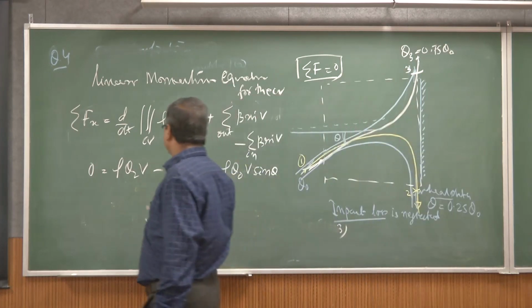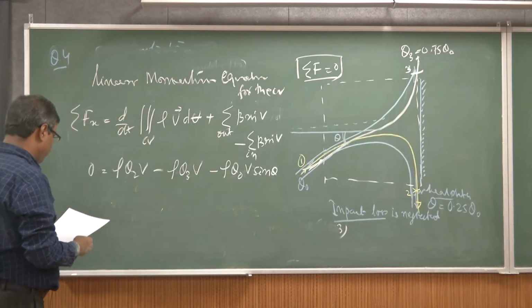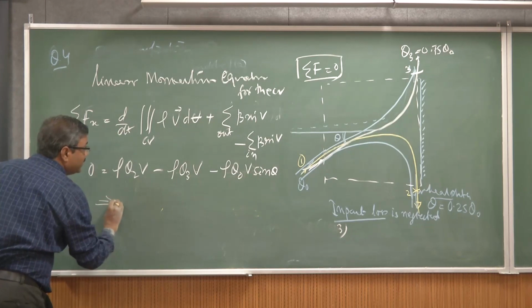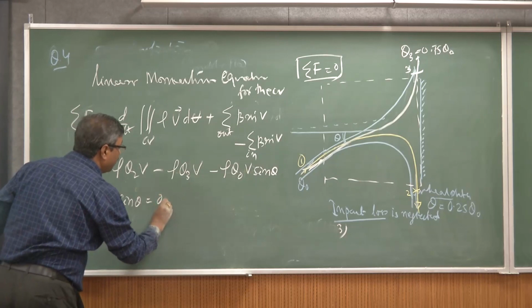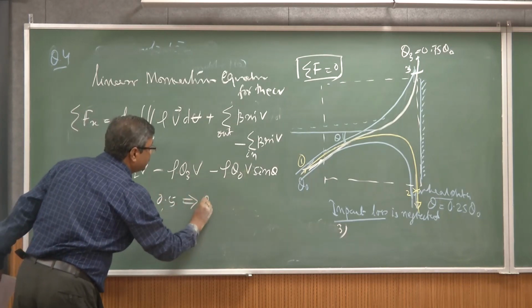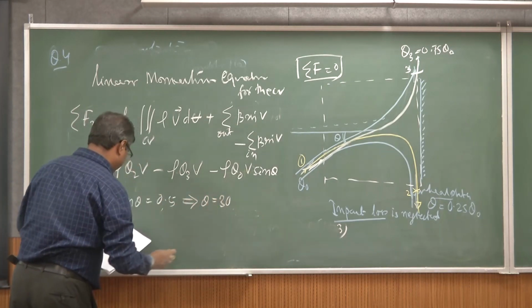If I substitute these values, then we get sine theta is equal to 0.5. That indicates theta is equal to 30 degrees.